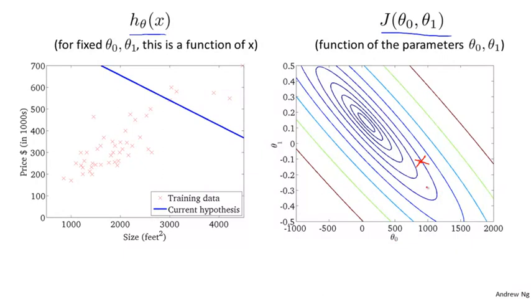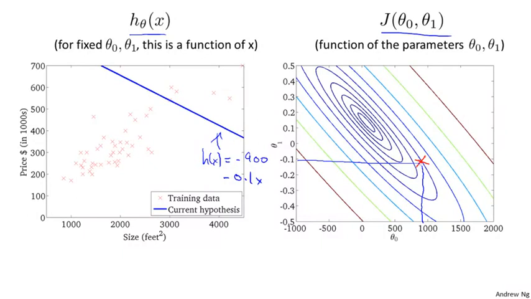But for illustration, in this implementation of gradient descent, I've initialized theta 0 at about 900 and theta 1 at about minus 0.1. This corresponds to h of x equals minus 900 minus 0.1x, which is this line. And out here is the cost function.